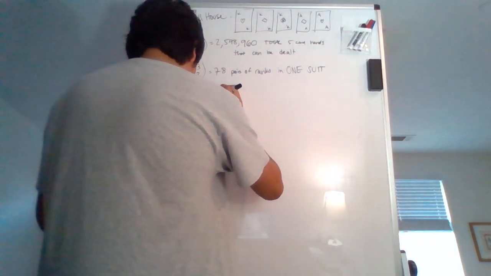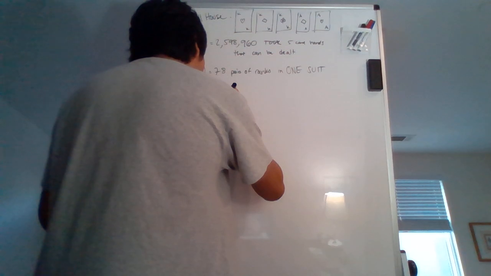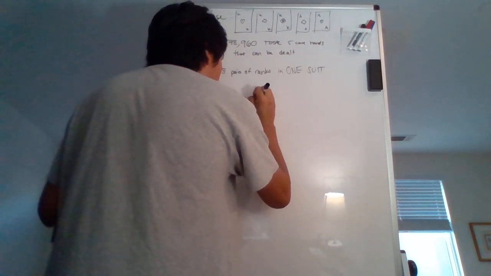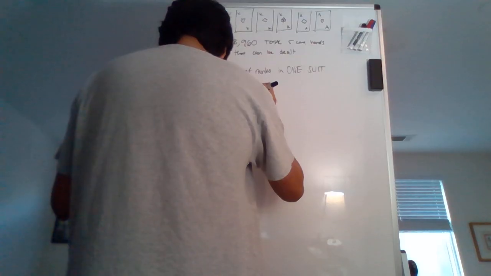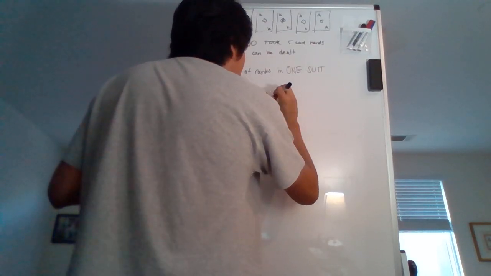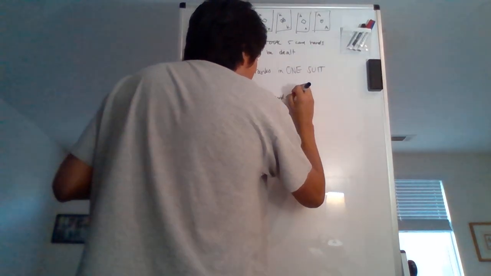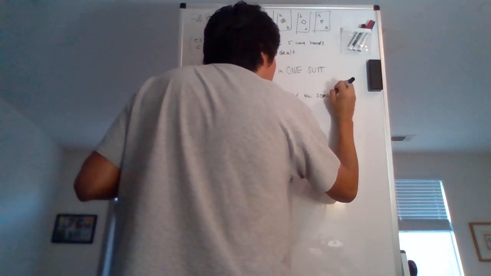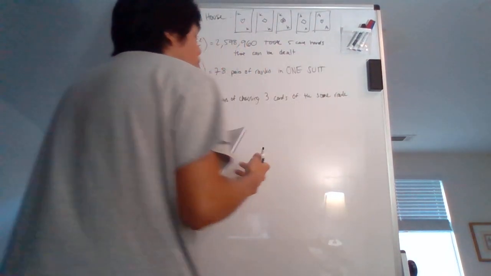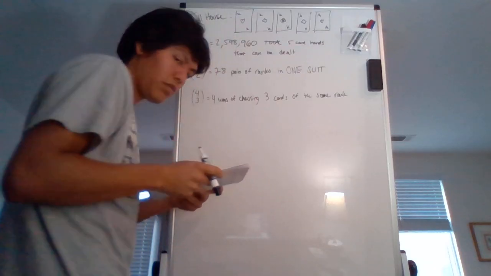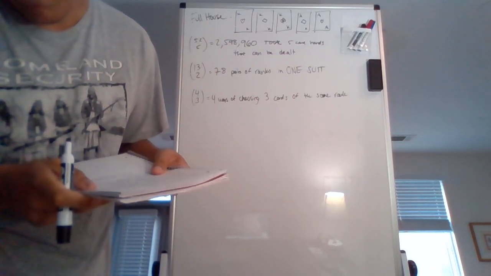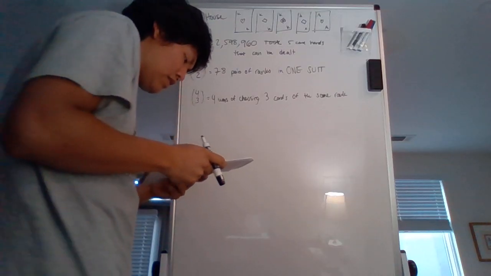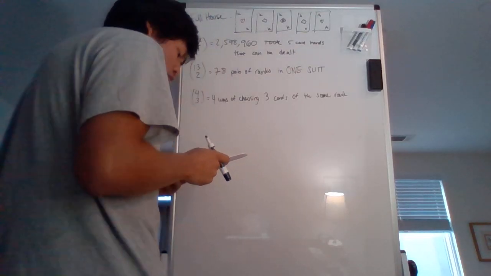I'm going to write that out. There are 4 ways of choosing 3 cards of the same rank from 4 cards in that rank.